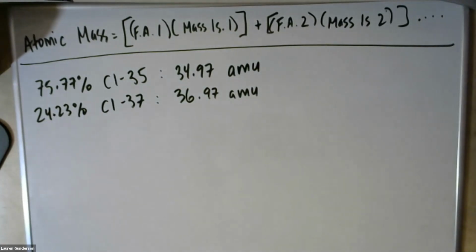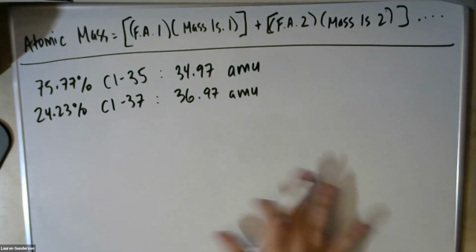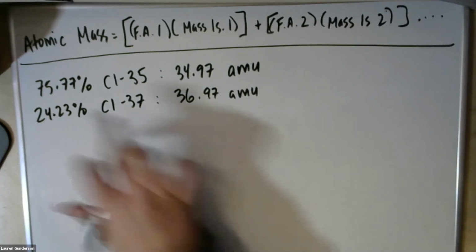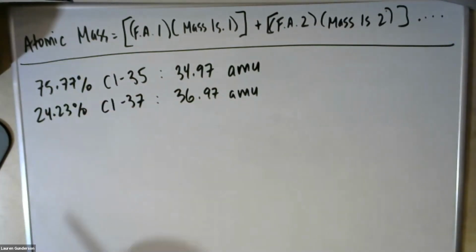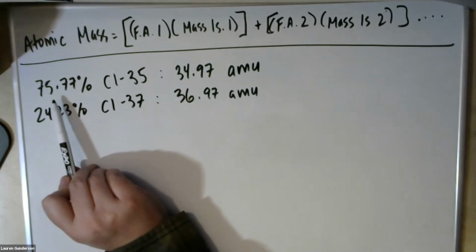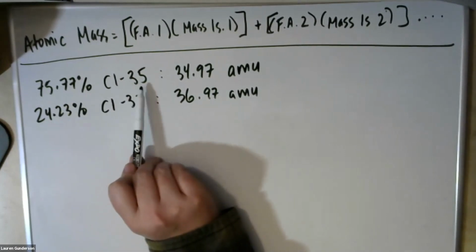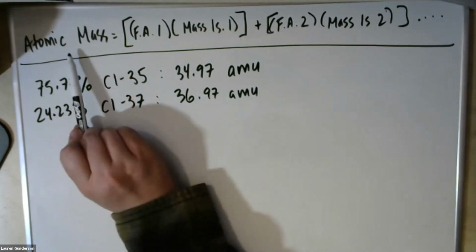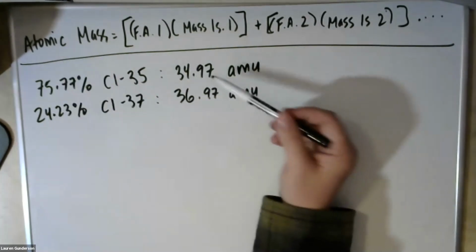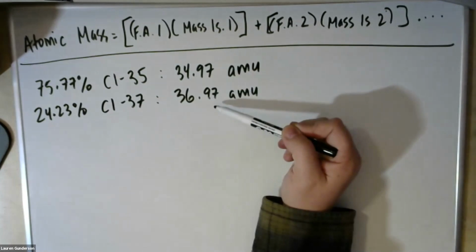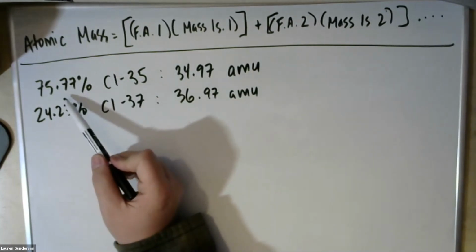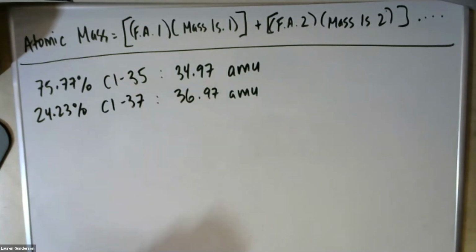Right off the bat, what you'll be able to tell about the overall atomic mass of chlorine is that because 75% of chlorine exists as Cl35, the overall atomic mass is going to be closer to this value than to this value, because these percentages make a difference in what the overall atomic mass value ends up being.